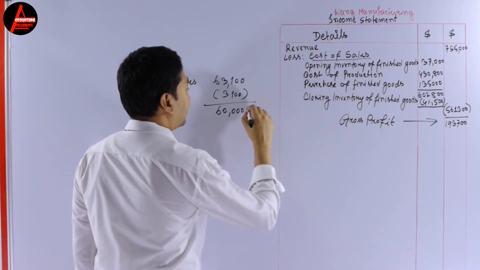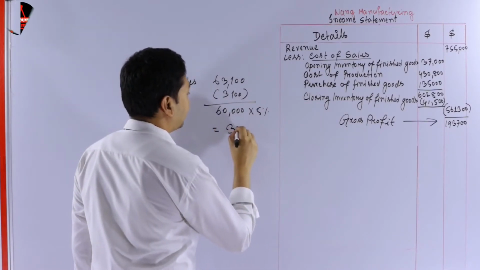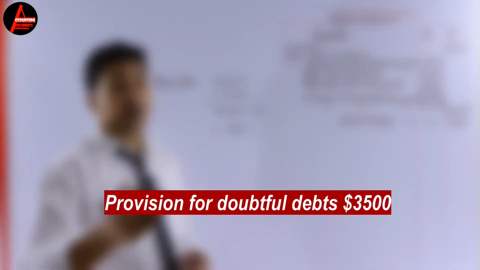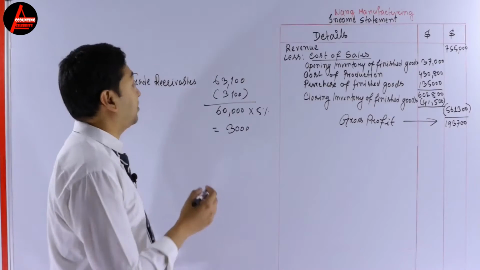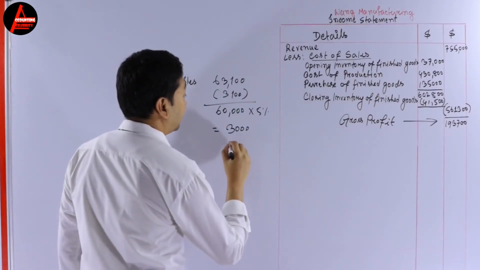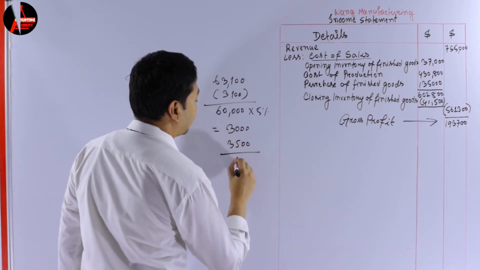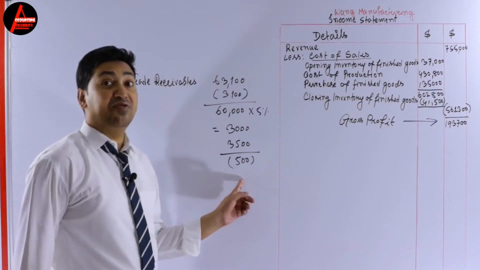So multiply by 5%. What is the value here? $3,000. But we already have provision for doubtful debt in the question, which is $3,500. So $3,500 is already given in the question. Okay, so if we subtract, it is $500. That means $500 is already decreased.